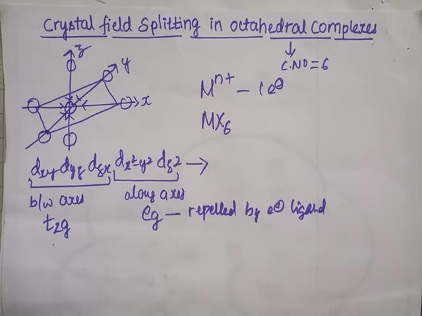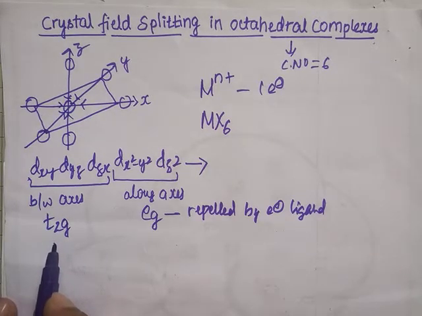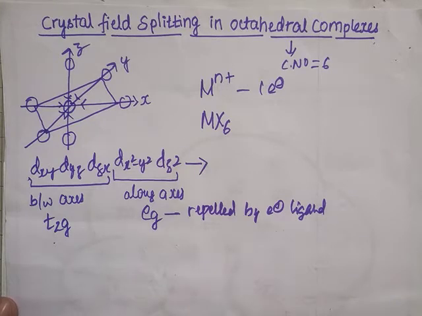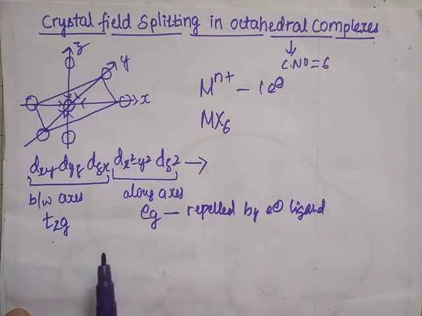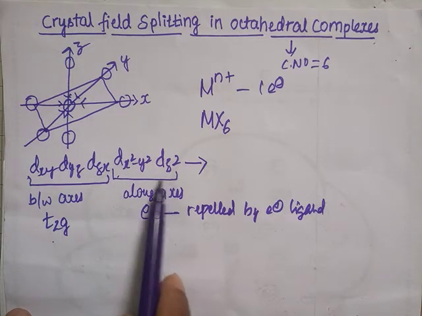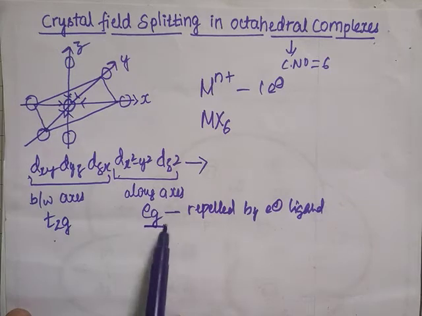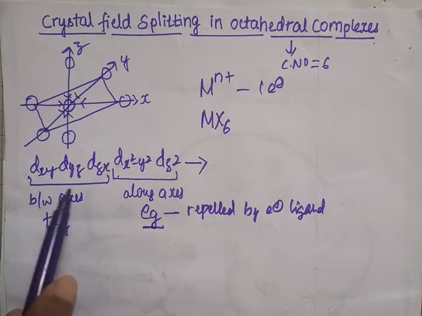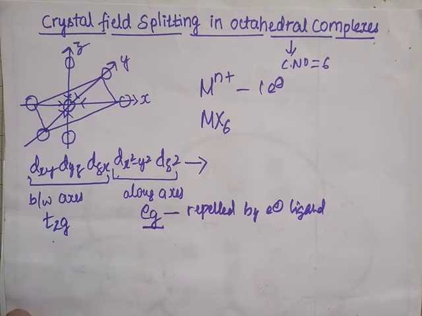Thus, in octahedral complexes, the 5 d orbitals split up into two sets of energy levels. One set consisting of two orbitals of higher energy, that is Eg, and the other set consisting of three orbitals of lower energy, that is t2g.